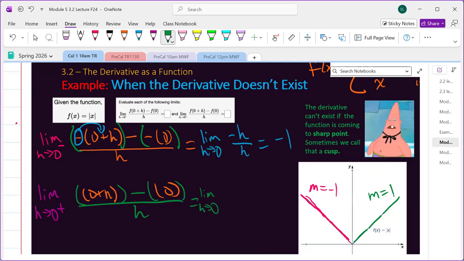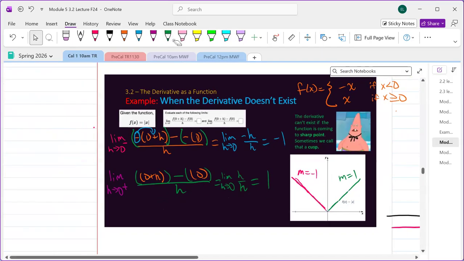So the limit as h goes to 0 of h over h. H divided by h is now 1. So our derivative from either side does not equal.